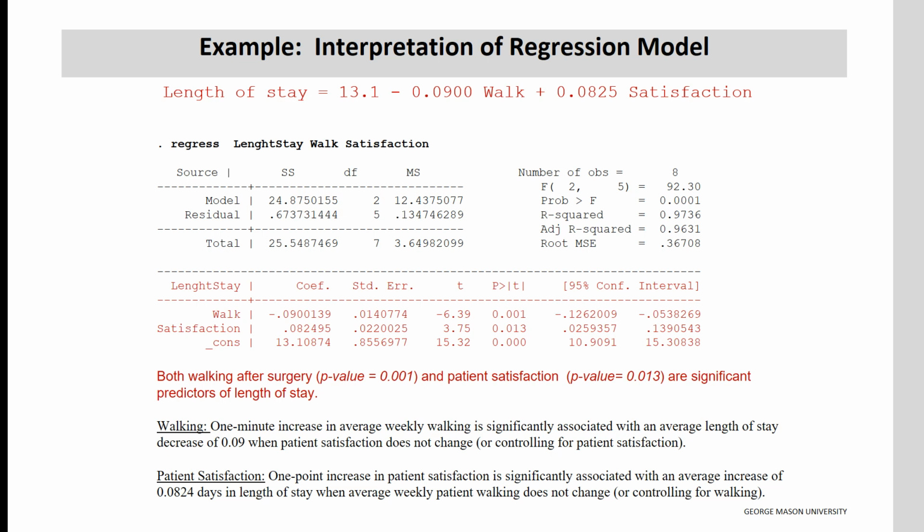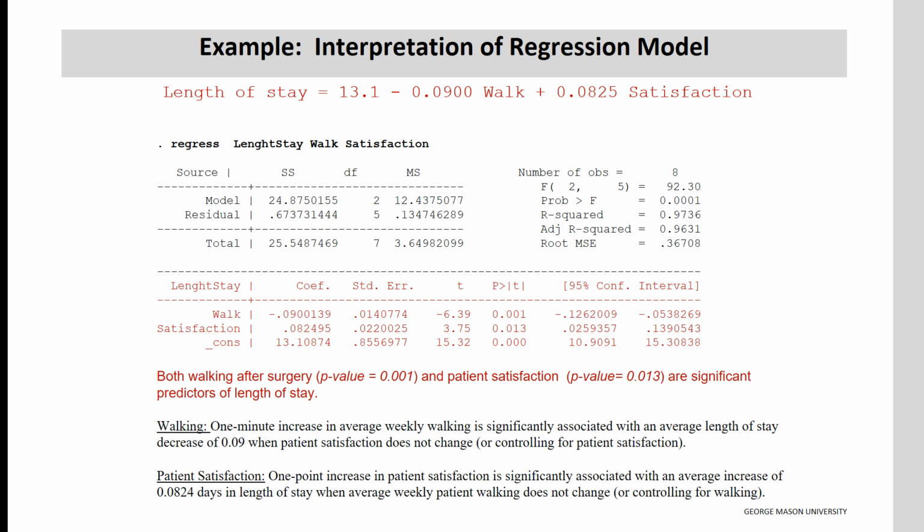And we make this comment because when we look at the p-value, we notice that the p-value is 0.001, which is smaller than 0.05, and that indicates that this particular predictor is a significant predictor of length of stay.